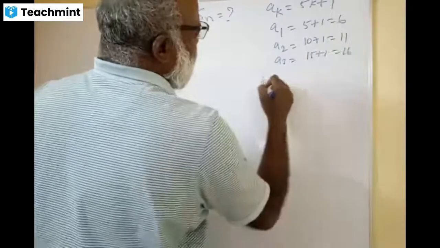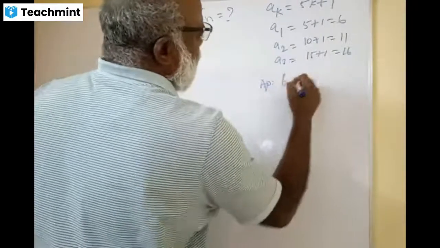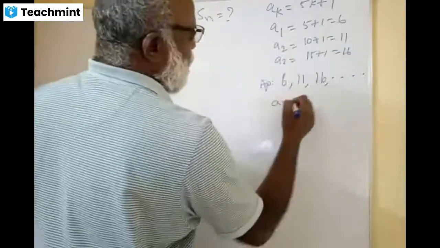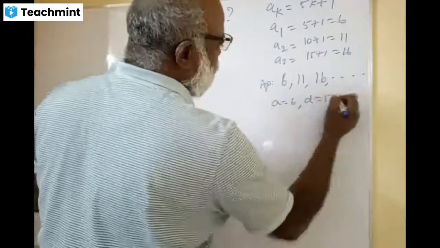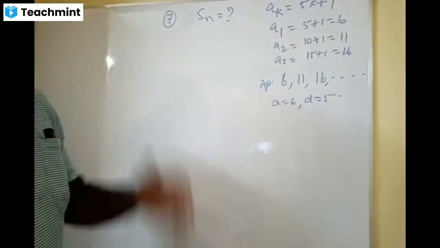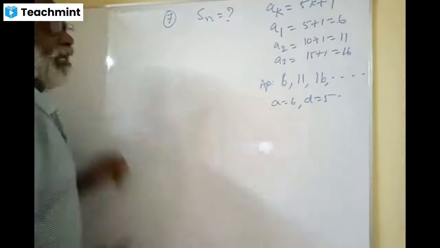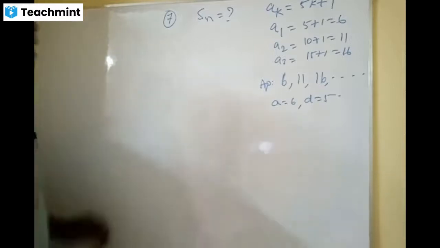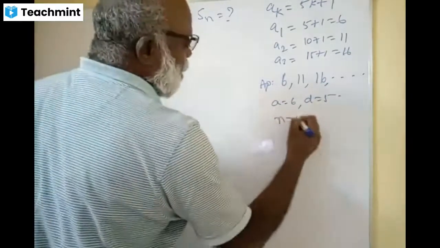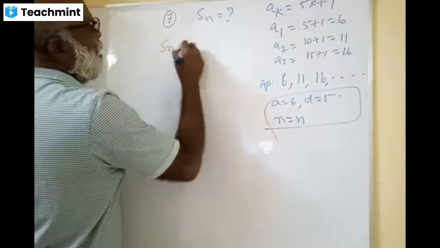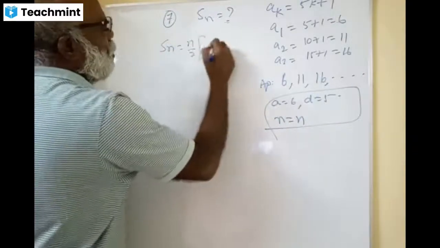So your AP is ready: 6, 11, 16, and so on. A equal to 6 and d equal to 5. Okay? Yes or no? So you have to find the sum to n terms of AP. So Sn you want, n equal to n, because they didn't give any number for it. Formula for Sn is n by 2 into 2a plus n minus 1 into d.